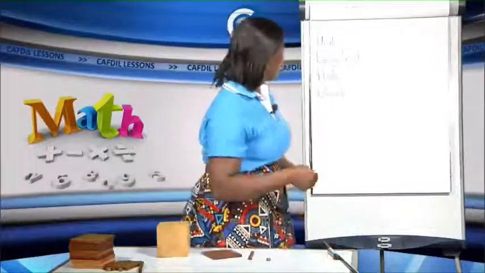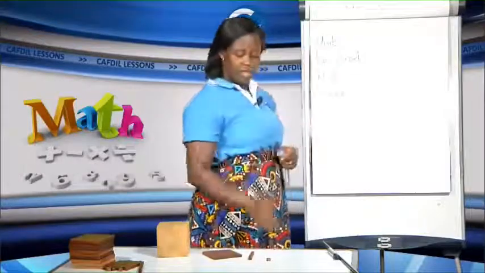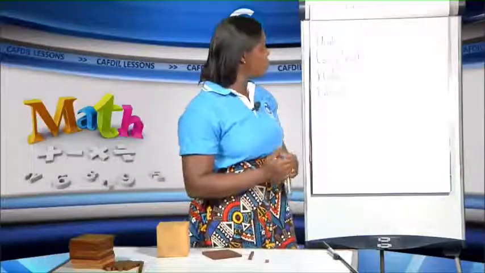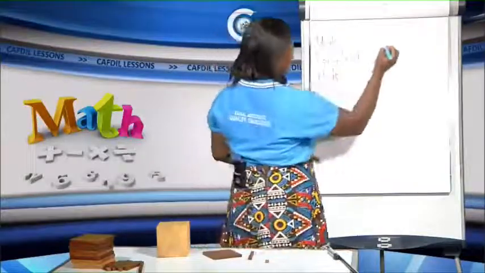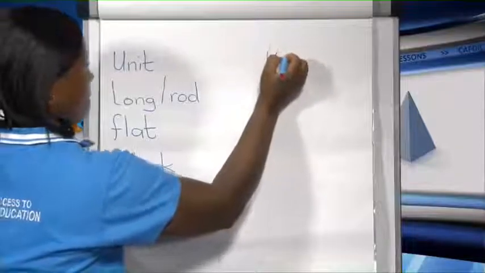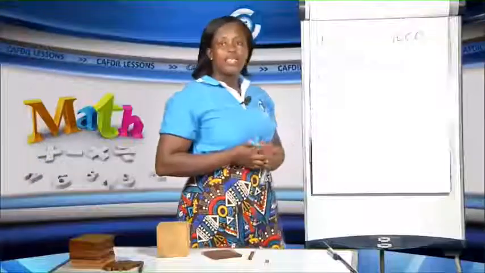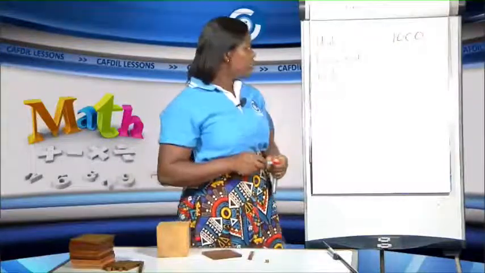Now let's look at the value of each of the items. The unit, the value is 1,000. That is the value of the unit.